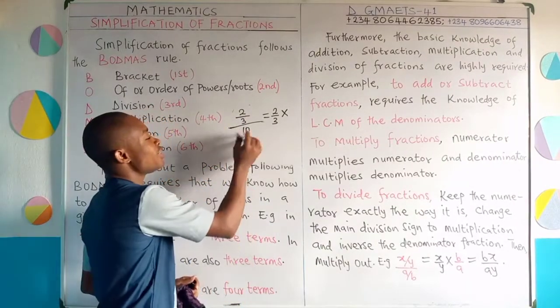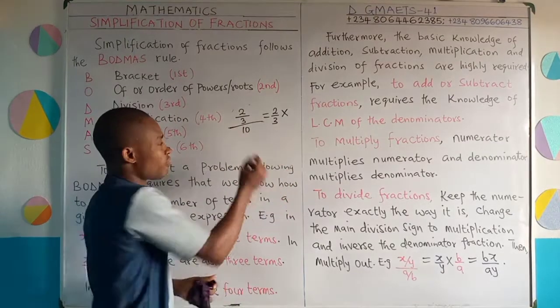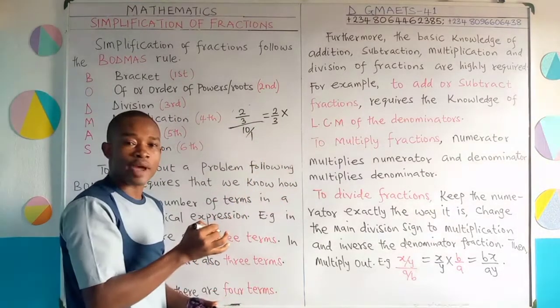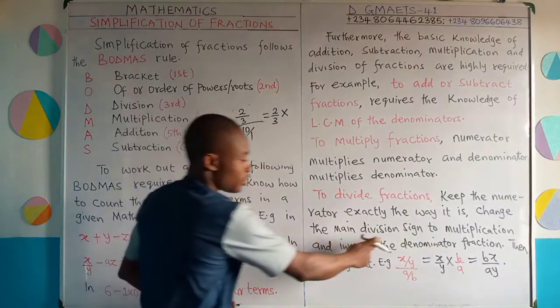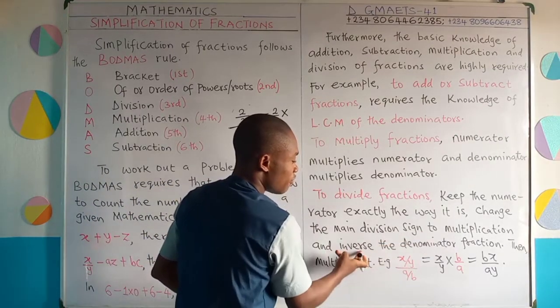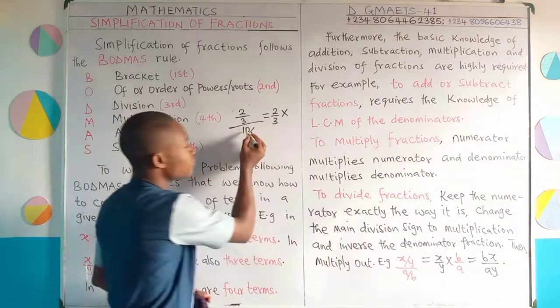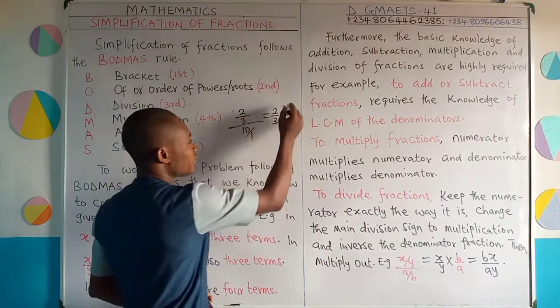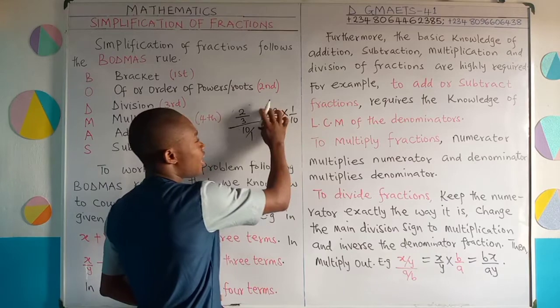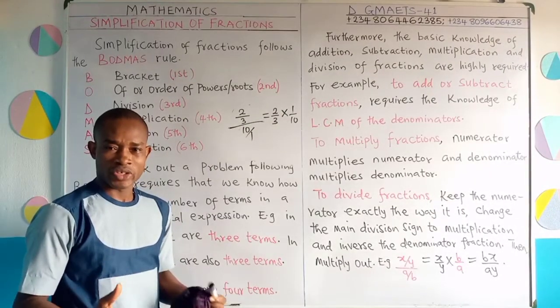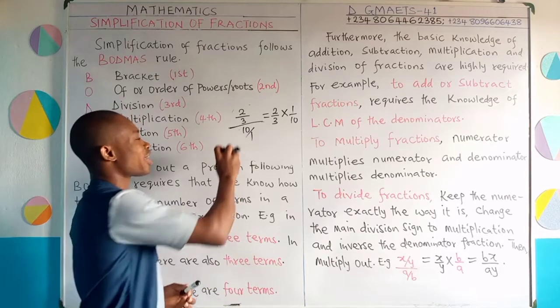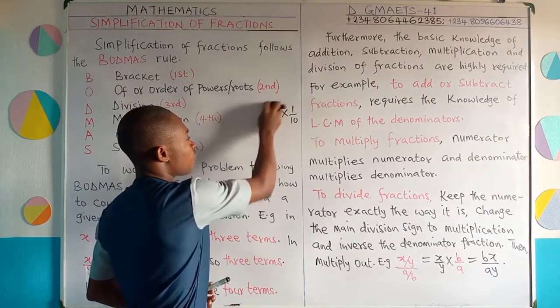So I can convert this 10 to fraction, okay? To fraction per se, dividing it by 1. So what do I now do to this denominator? The instructions say that you should inverse the denominator fraction. So this 10 over 1 will now become 1 over 10, times 1 over 10. And then you can now multiply out. I hope you understand this, right? This is how we carry out division of fraction.